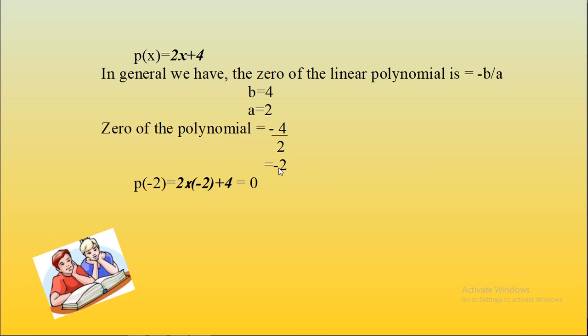That is, this minus 2 is the 0 of this polynomial 2x plus 4. That means if we give x equals minus 2, that is 2 into minus 2 plus 4 in this polynomial, we will get the value of the polynomial equal to 0.